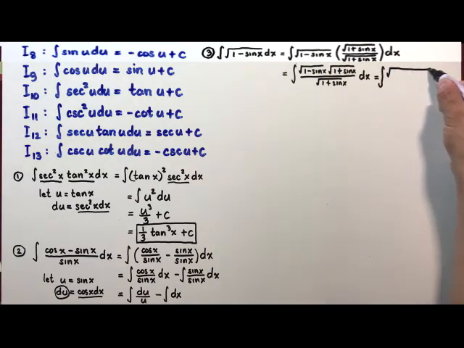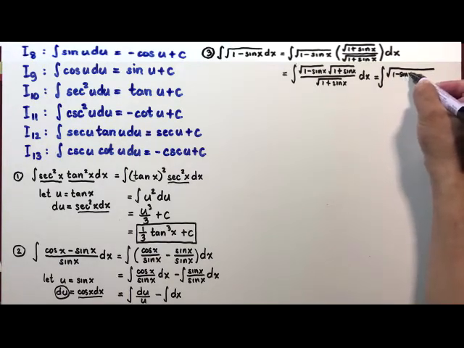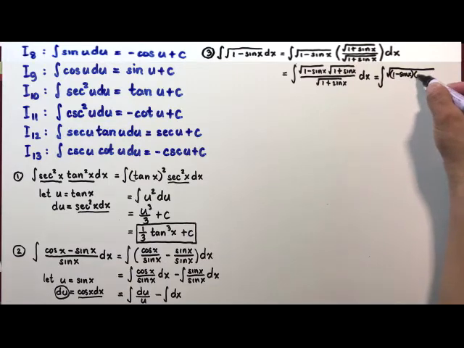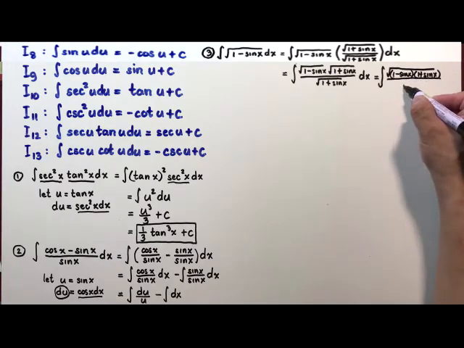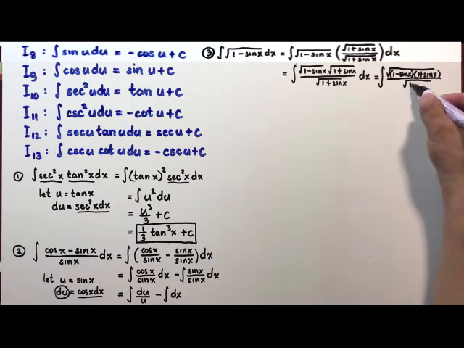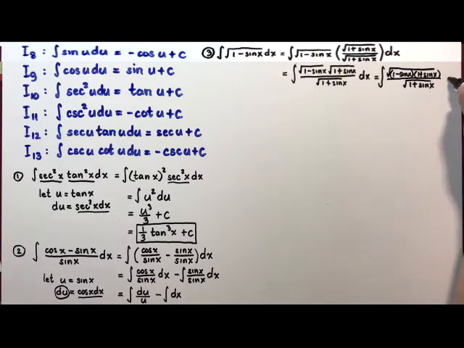So this is the square root of 1 minus sine x times 1 plus sine x, divided by the square root of 1 plus sine x. And of course, we still have dx here.